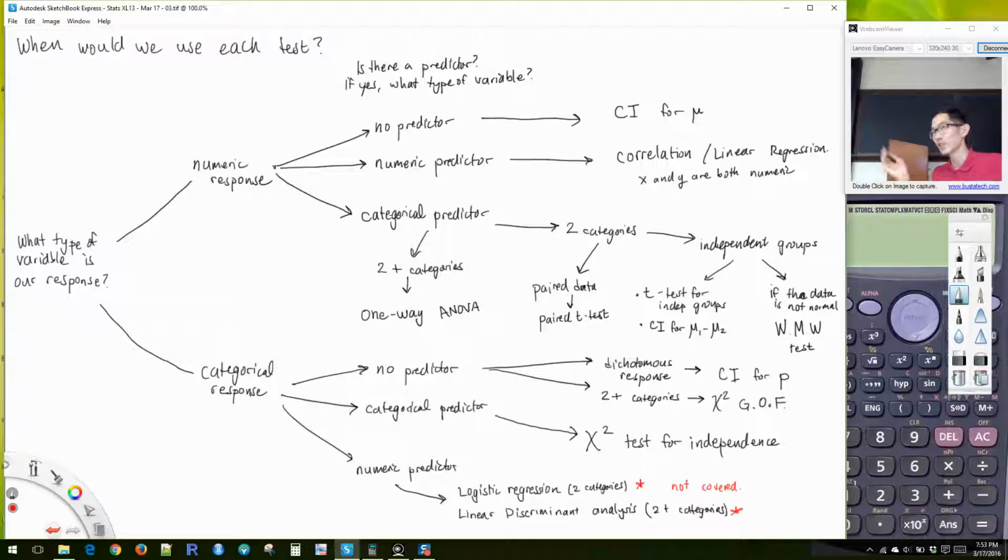There are tons of others, like where the Wilcoxon Mann-Whitney test is appropriate versus the t-test for independent groups and the paired data t-test. But these are very broad but useful statistical inference methods that we have. Okay. All right.